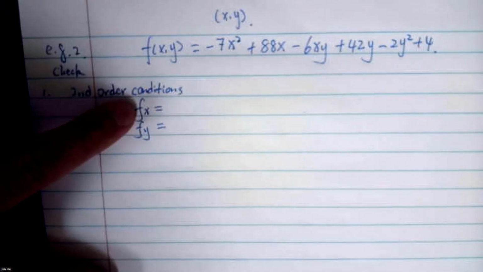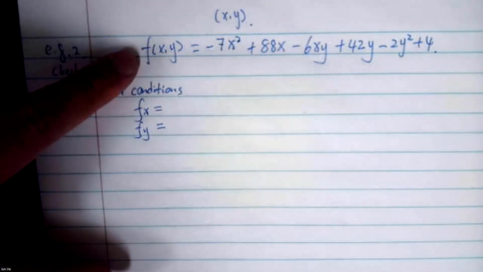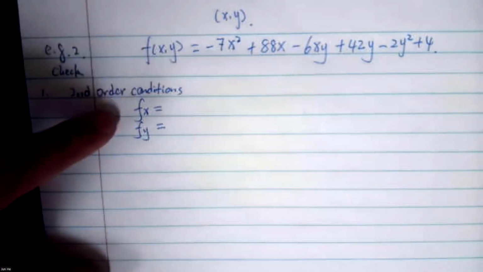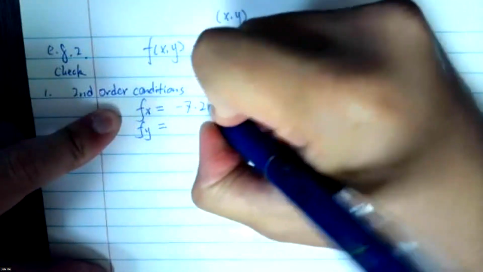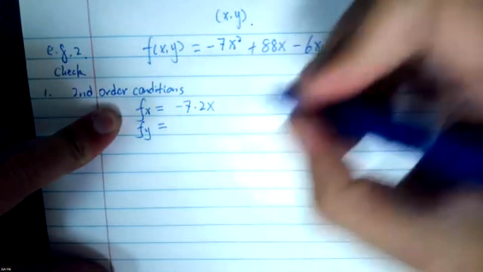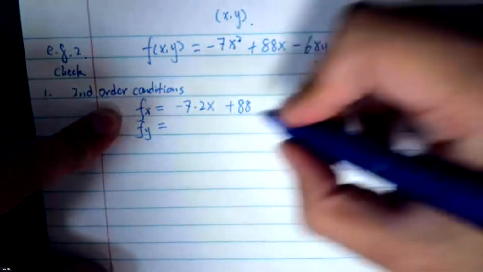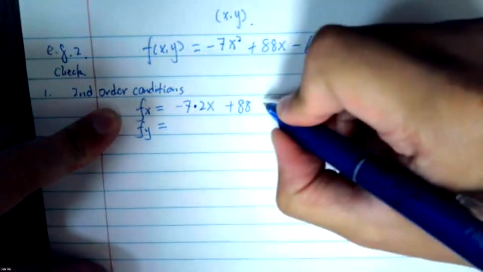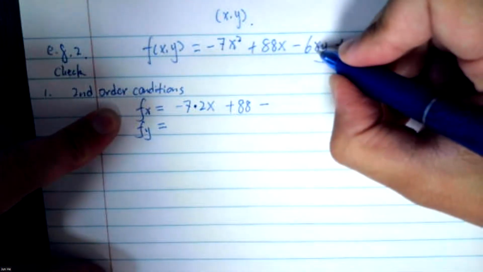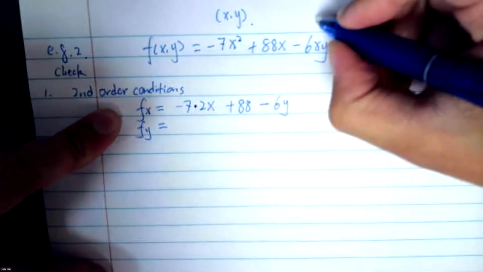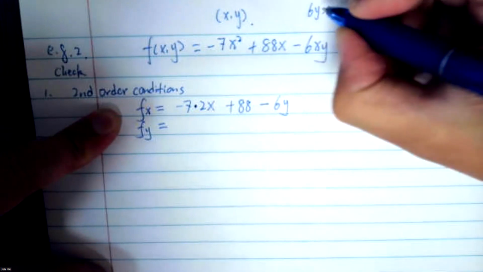So the first one, the original function partialed on x, that is minus 7 by 2x, the first term, plus 88, that's the second term, minus 6y, because here it is 6yx, right?